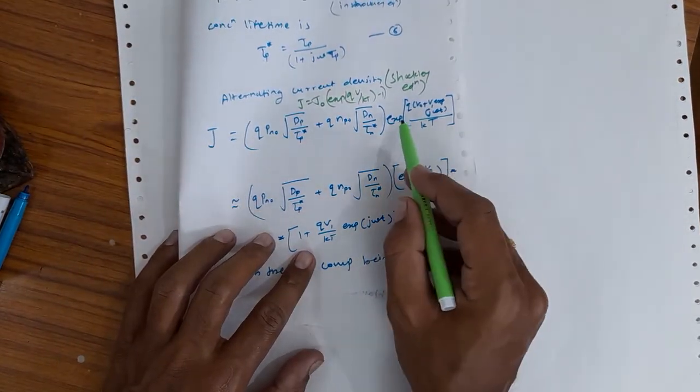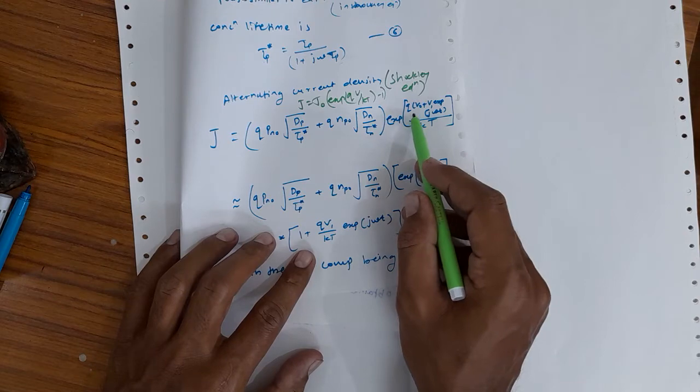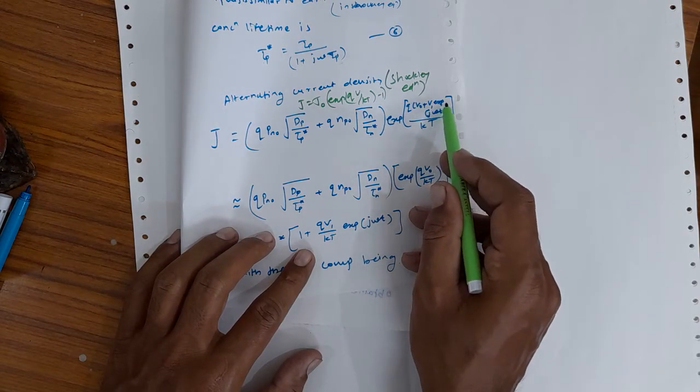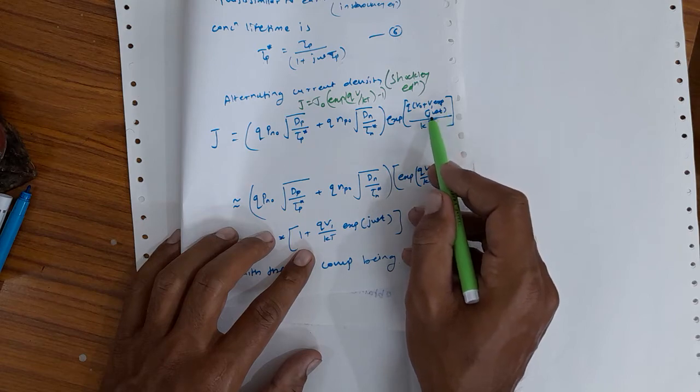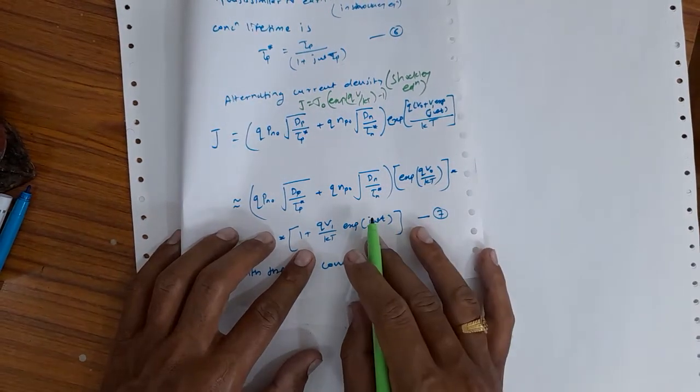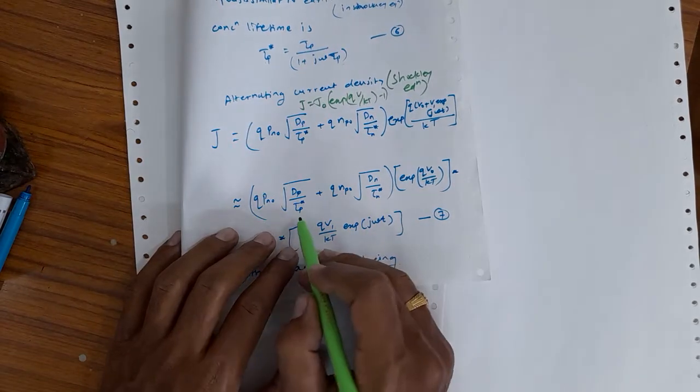The exponential factor will remain, because phi will be replaced with phi 0 plus phi 1 exponential of j omega t, so phi is replaced by this additional term.